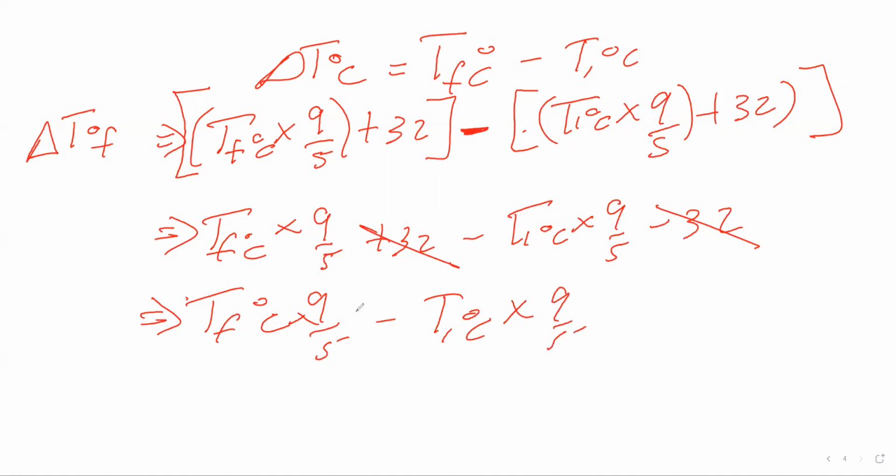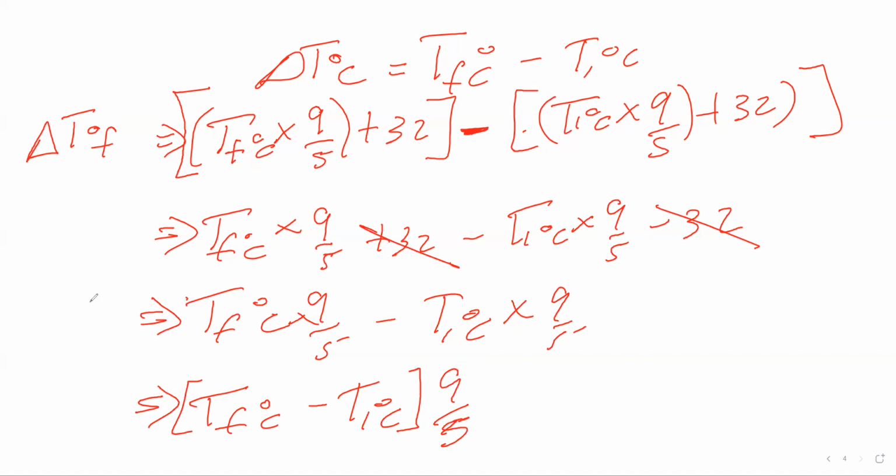So I noticed that I have a constant here, so I could factor out this constant. This becomes T final in degrees Celsius minus T initial in degrees Celsius, times 9/5.